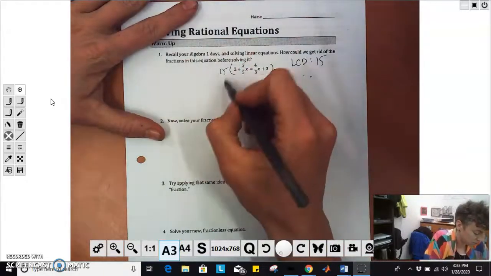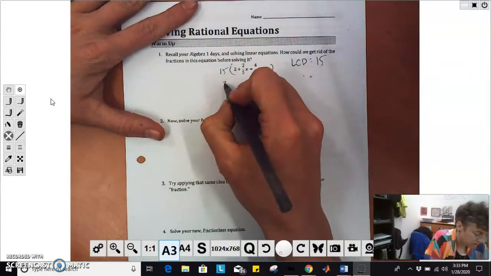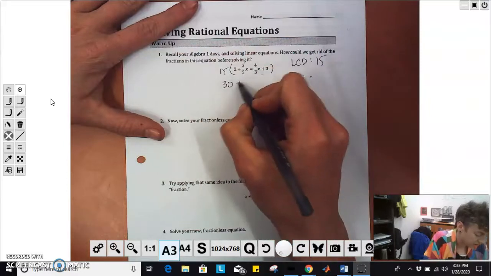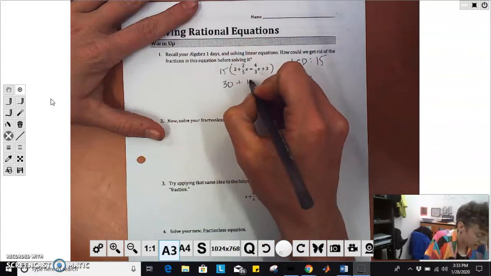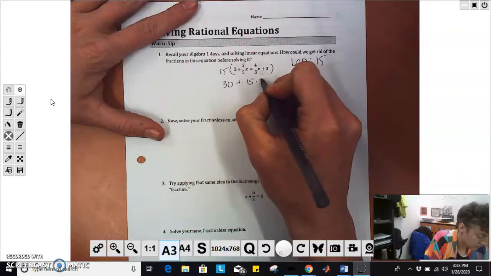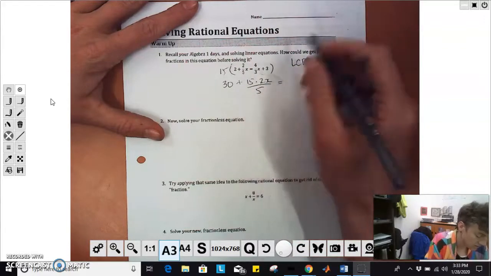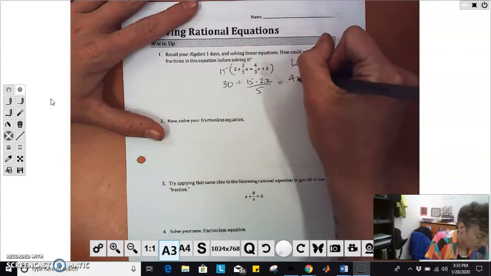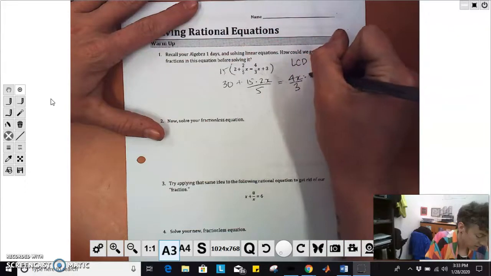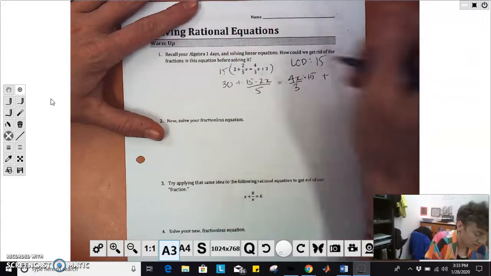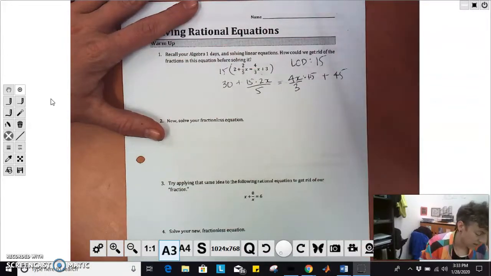15 times 2, that's 30 plus, I'm just going to write it out, 15 times 2x over 5 equals 4x over 3 times 15 plus 15 times 3 is 45. Now, why did I do that?